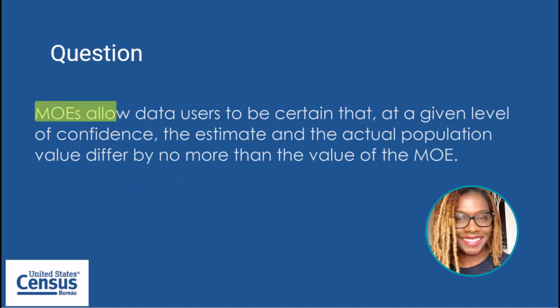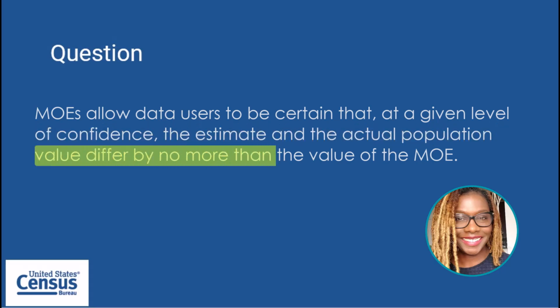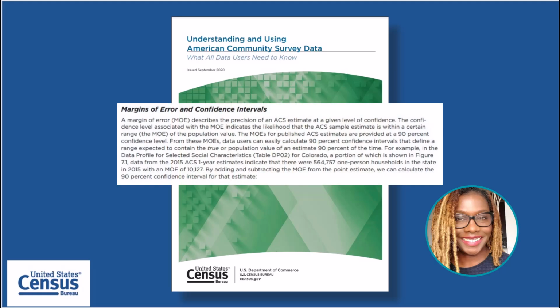MOEs allow data users to be certain that, at a given level of confidence, the estimate and the actual population value differ by no more than the value of the MOE. The Census Bureau uses a 90% confidence level as its standard. All ACS estimates published on Data.census.gov have margins of error calculated at the 90% confidence level.